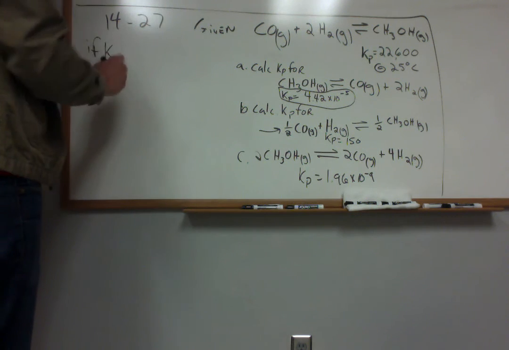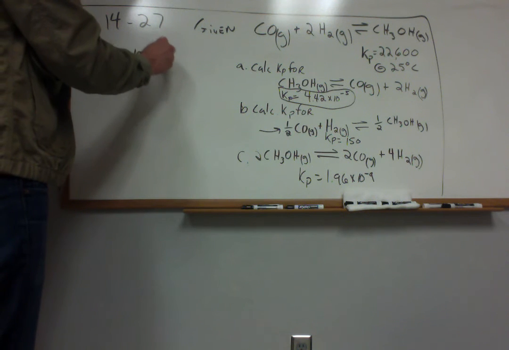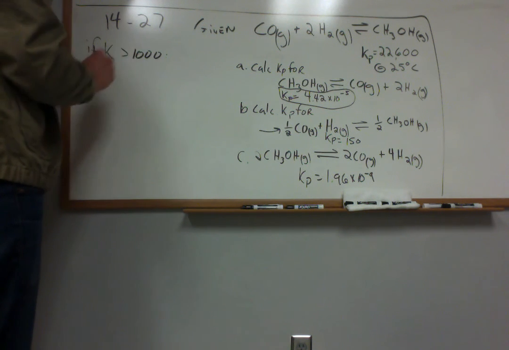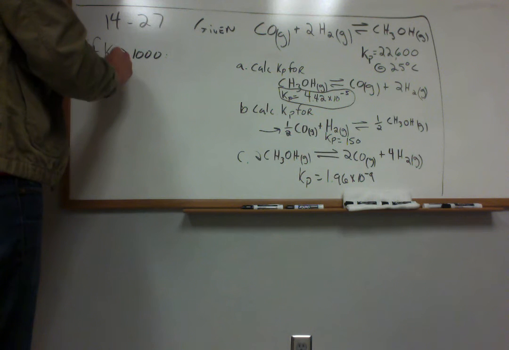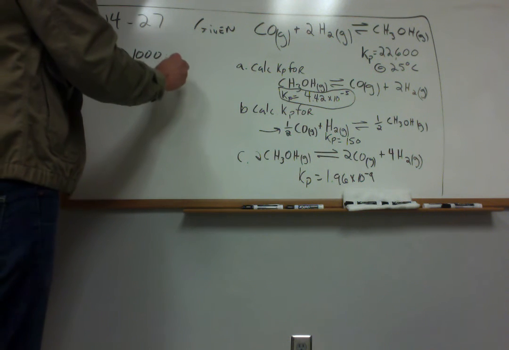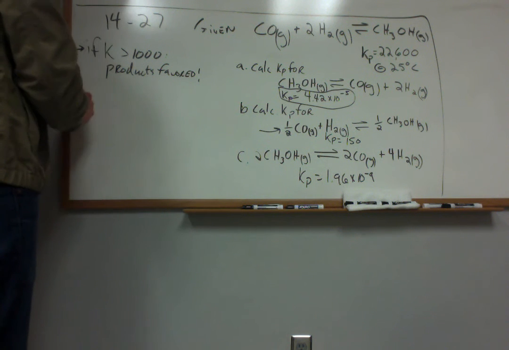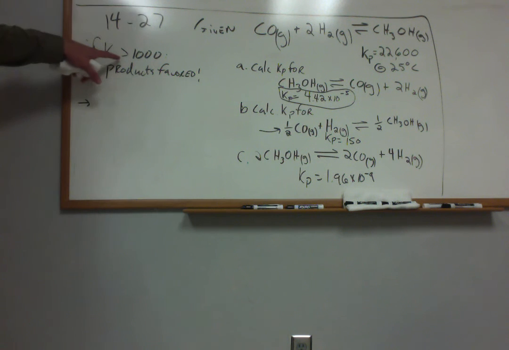If K, we'll say, is larger than 1,000, all right? If that's the case, the products are favored. K is a very big number, we'll say bigger than 1,000. The products are favored.